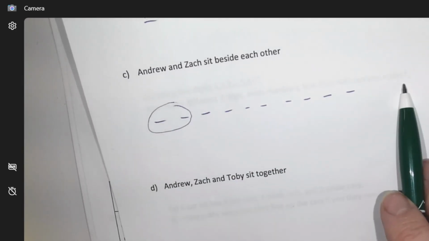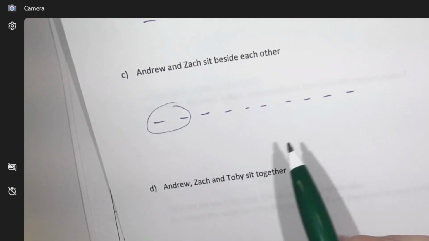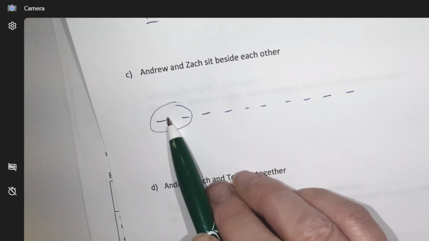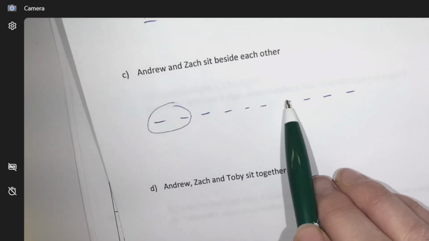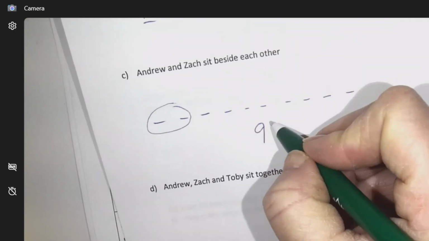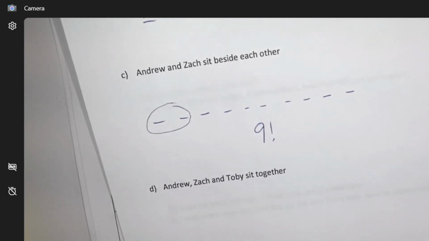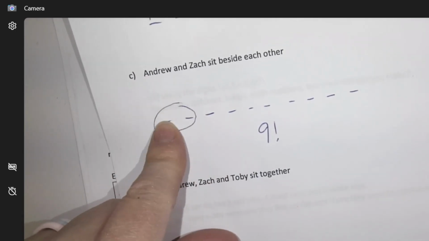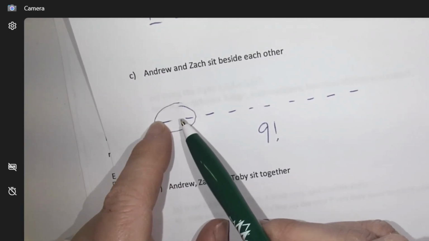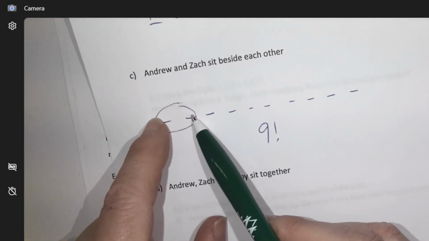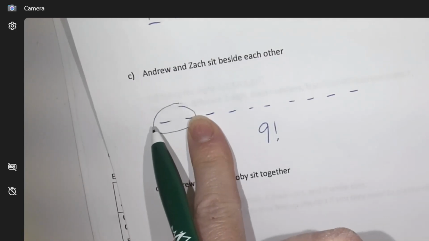Okay, so how many things am I moving around? So I'm going to treat them as 1. So 2, 3, 4, 5, 6, 7, 8, 9. I only have 9 things instead of 10 things that I'm going to move around because they're chunked together. But within their little group, I could also flip-flop. I could be Andrew, Zach, or I could change to Zach, Andrew.